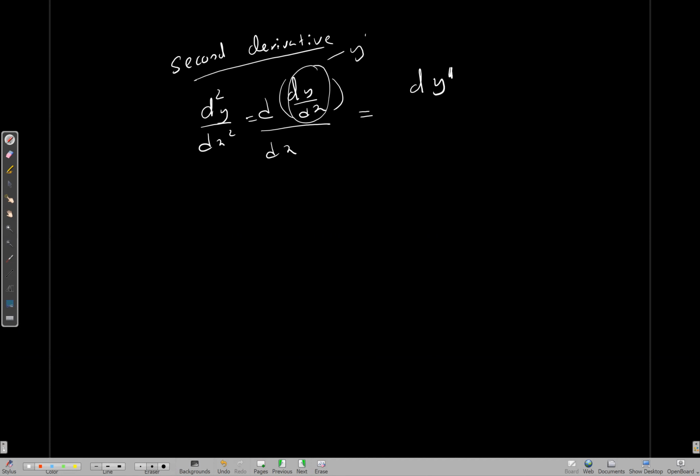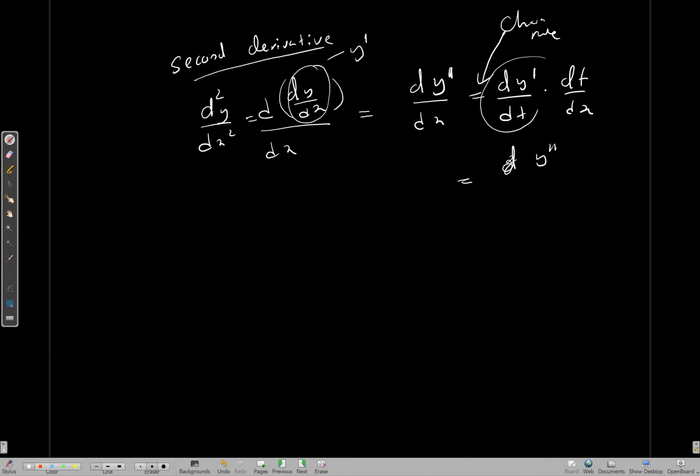It's easy to use and remember. So this is d y prime first by t and then t by x. At this point, we are using the chain rule. So you can remember it like y double prime divided by x prime. That is how you find that.